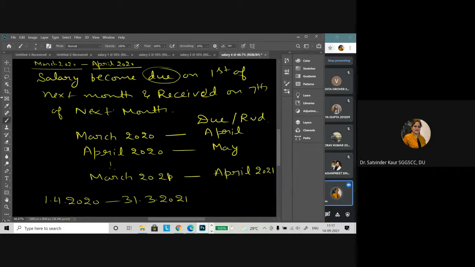It is going to be taxable on due basis or received basis, whichever is earlier, but this is coming first of month next month को वो ड्यू हो रही है और 7th of next month को रिसीव हो रही है, तो ड्यू भी नेक्स्ट मंथ हो रही है, रिसीव भी नेक्स्ट मंथ हो रही है। तो if we take that this due is on first of month, तो उस केस के अंदर सैलरी हमारी मूव हो जाती है नेक्स्ट मंथ। This particular concept will be more clear when we will discuss about the grade system, but as of now you have to understand the rule that salary is taxable on the basis of received or due, whichever is earlier.